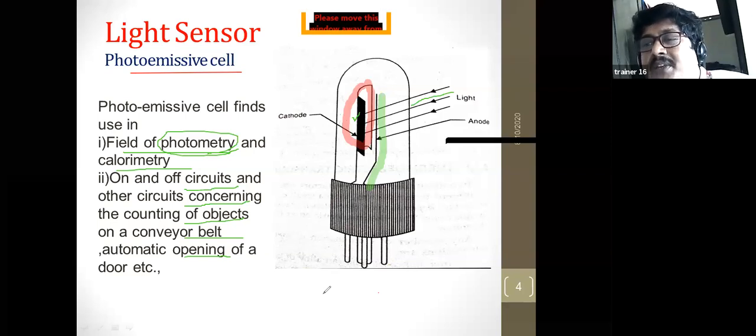That means it is emitting light. If any body is not emitting light or radiations, then it is very difficult.